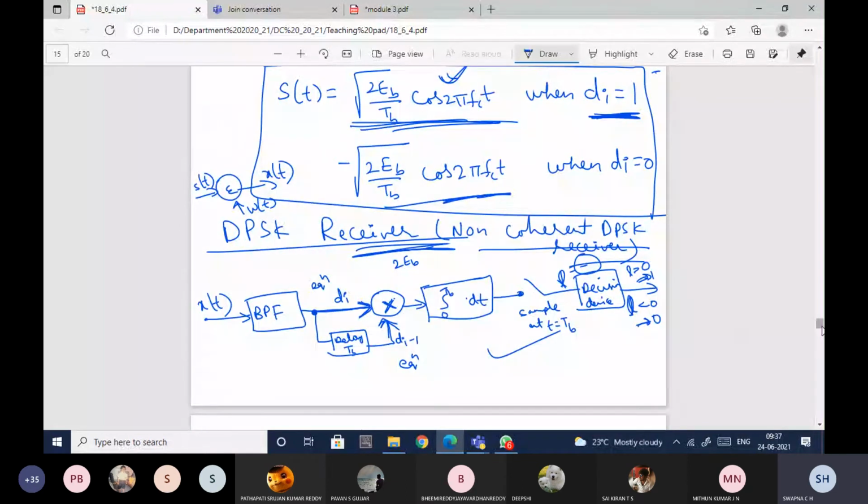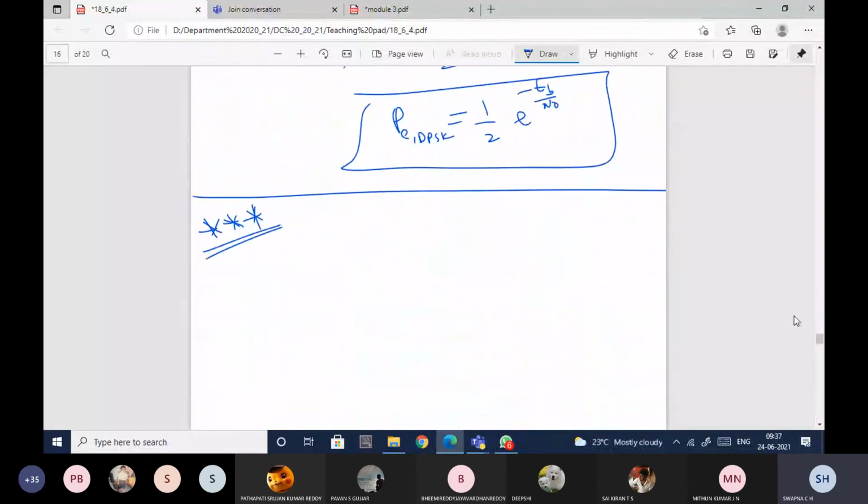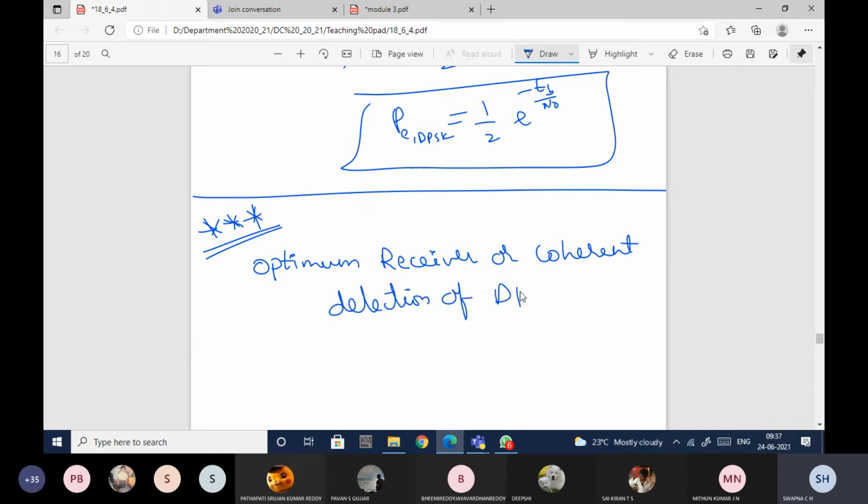But specifically, when they ask you to explain the optimum receiver or coherent detection of DPSK, then you need to explain this one only. I will repeat: when they specify the words optimum receiver of DPSK, you need to explain whatever I'm going to do now.